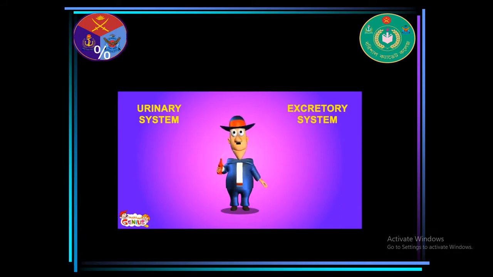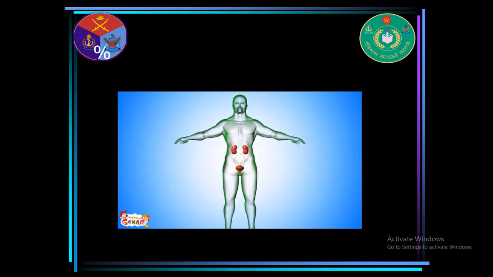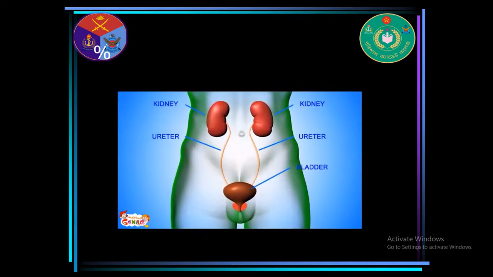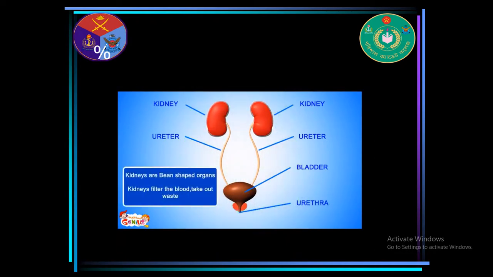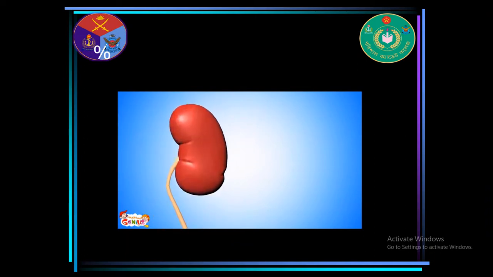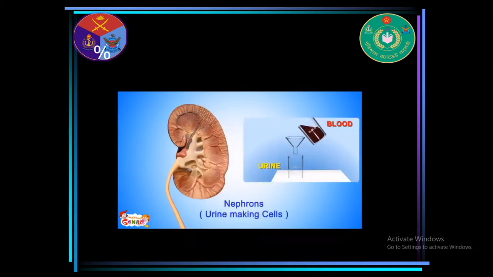Let's understand more. The main parts of the urinary system include 2 kidneys, ureters and bladder, and a urethra. The kidneys are 2 bean-shaped organs. All of the body's blood passes through it, and it filters the blood, and waste liquid is changed into urine. The kidney is made up of several small units called nephrons that are like small filters.